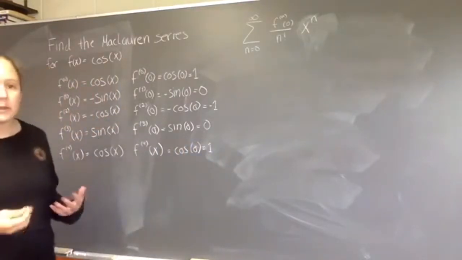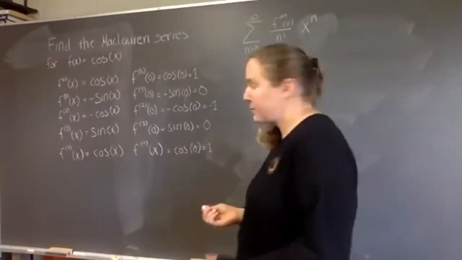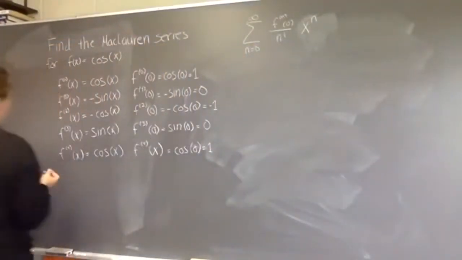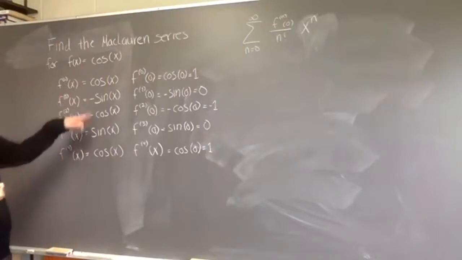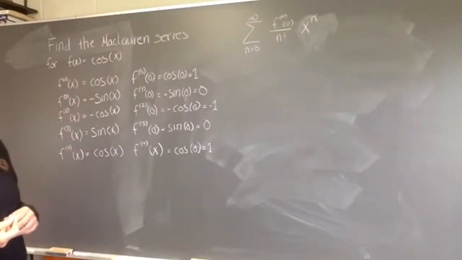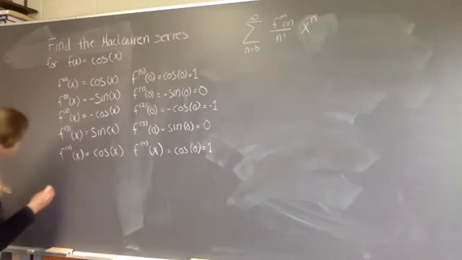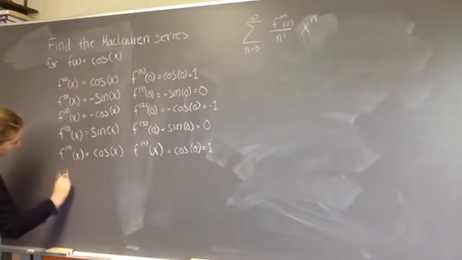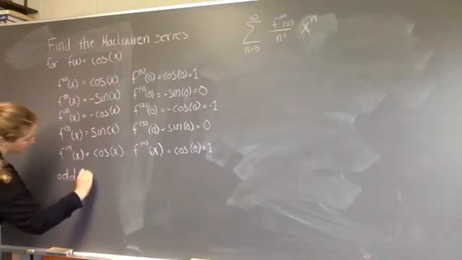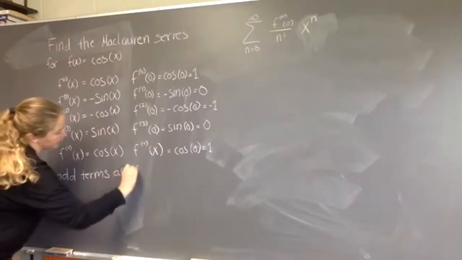And so on. So you could check what I'm going to claim is true by doing more terms of this series. But what we see is that the odd terms all have a sine in them, sine of x or negative sine of x. But it doesn't matter because those are equal to 0 either way. So odd terms are 0.